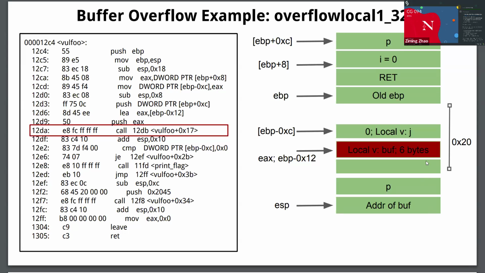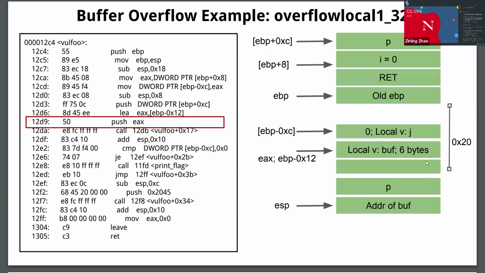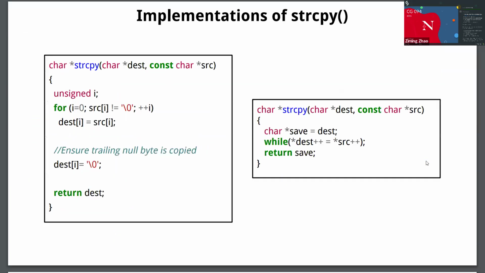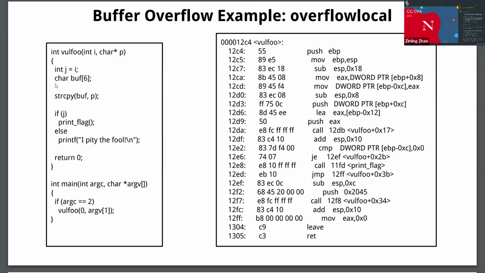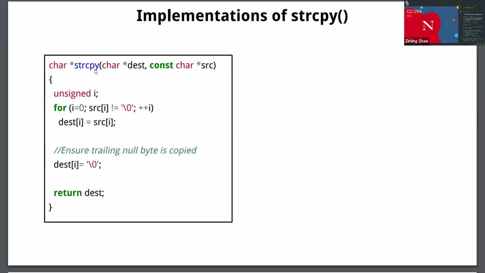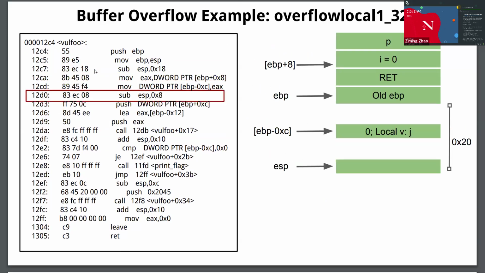But it's going to copy from the source to the destination. The destination is a local variable in Overflow, which is at EBP minus 12 in hex. The source is somewhere very high, higher on the stack. We only know its address. We do not say how big it is, right?